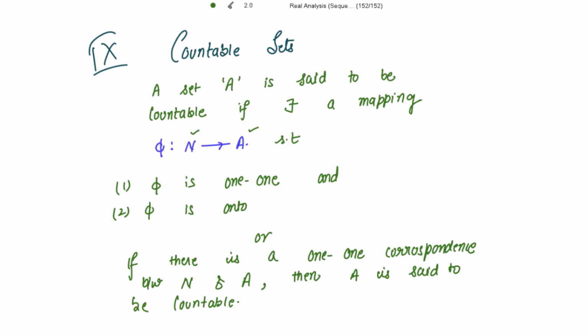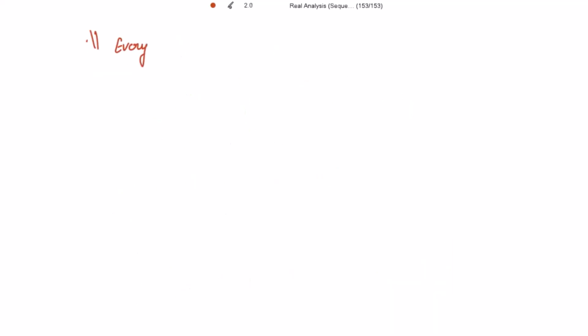Because there is a 1-to-1 correspondence of A with the set of natural numbers, and the elements of the set of natural numbers are infinite in number. So every countable set is an infinite set. Please note this remark. And the set which is not countable is an uncountable set.